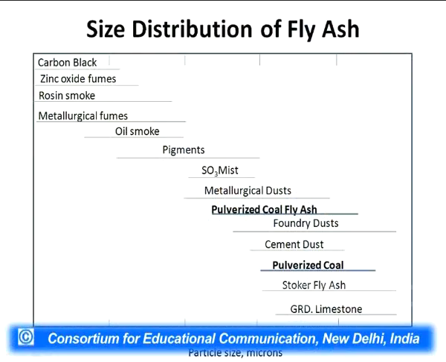Now as far as the size of fly ash in comparison to other atmospheric pollutants is concerned, in this picture you can find the smallest is black carbon, or fumes of zinc oxide, or smoke or metallurgical fumes, and the maximum is limestone, and the sizes are given in microns, basically micrometers. Here the coal ash or fly ash size varies between around 1 micron to about 100 microns.